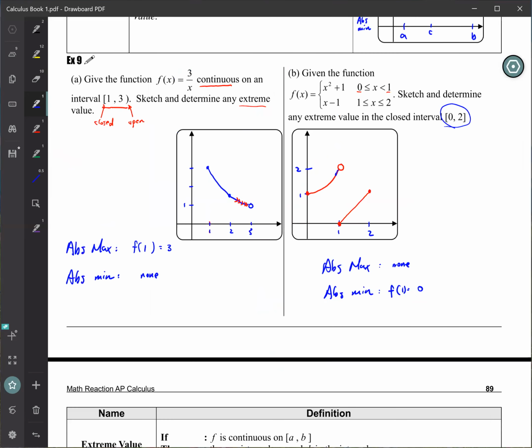So another kind of extrema is called the local max, local min. Let's look at the definition here.